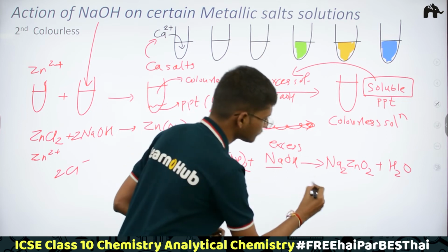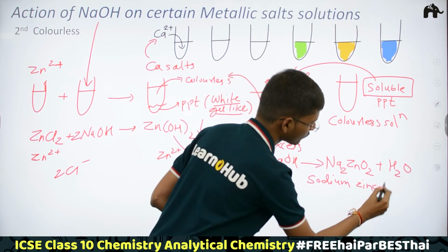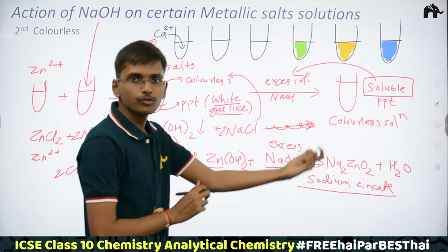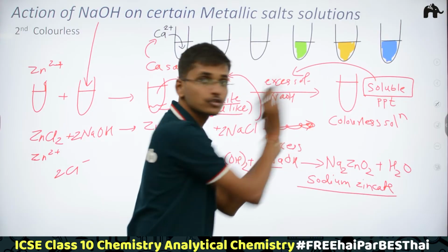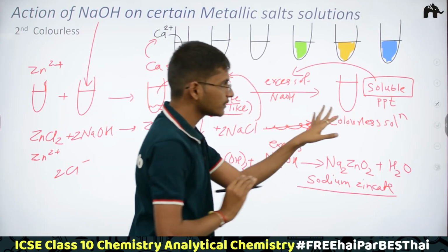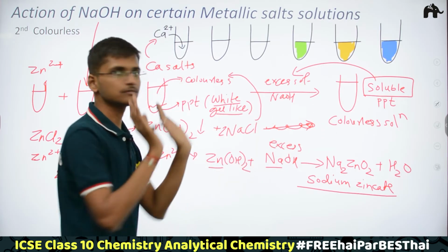This is the formula of sodium zincate. I have already told you this salt is colorless as well as soluble. Since it is soluble, it is getting solubilized in this solution and we cannot figure it out, and it is colorless as well. So the solution's color is colorless.